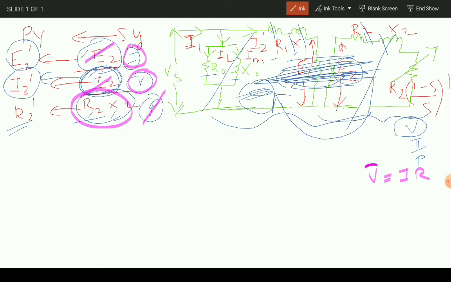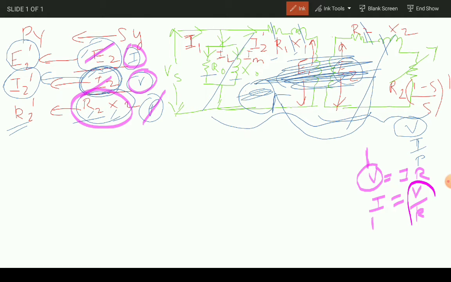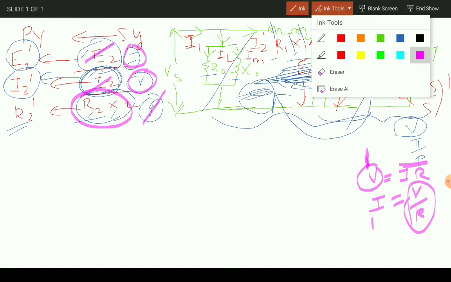If I want to transfer voltage and I write the current equation, I equals V by R, which consists of voltage, but the voltage equation consists of current. So we have to use the opposite. For transferring voltage, you use the current equation. For transferring current, you use the voltage equation. That is opposite.